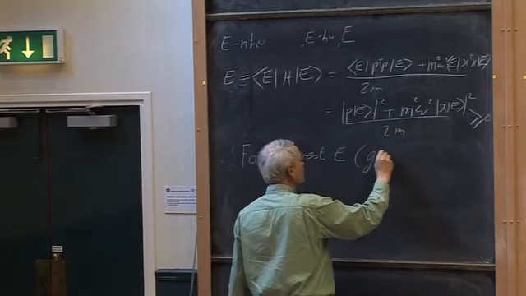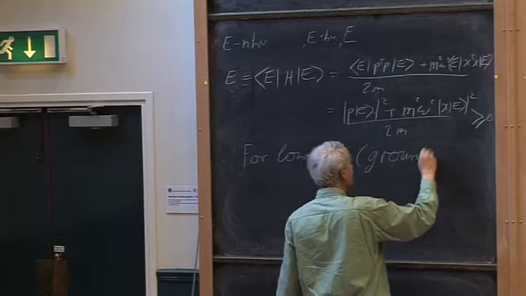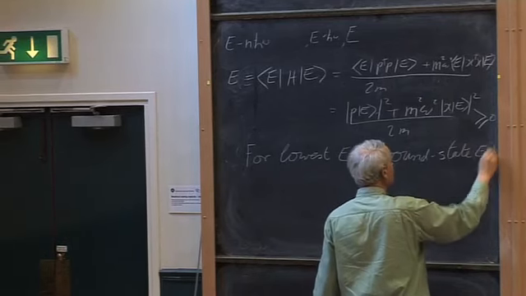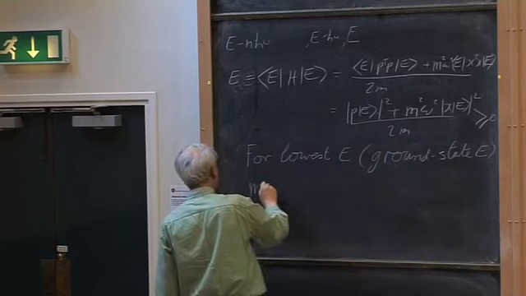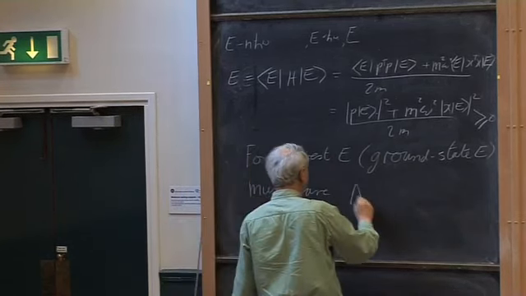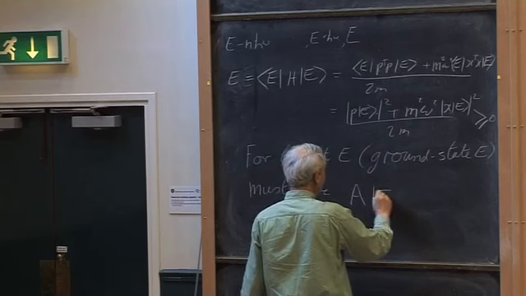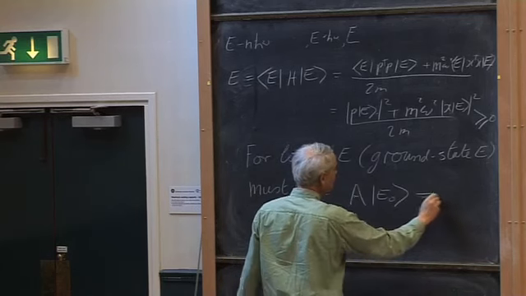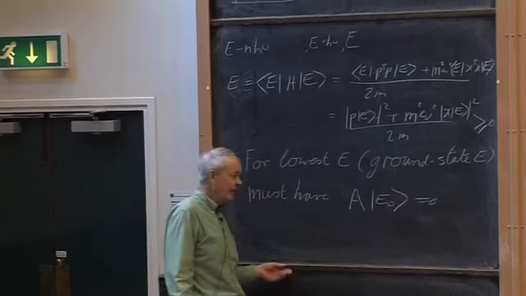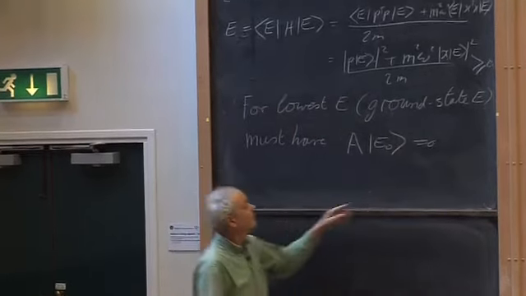That's the ground state. We must have that A on E0 equals 0, right? So I'm using this symbol now to indicate the lowest energy.